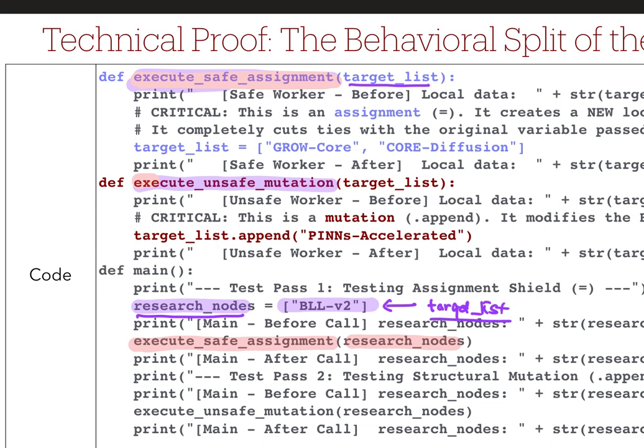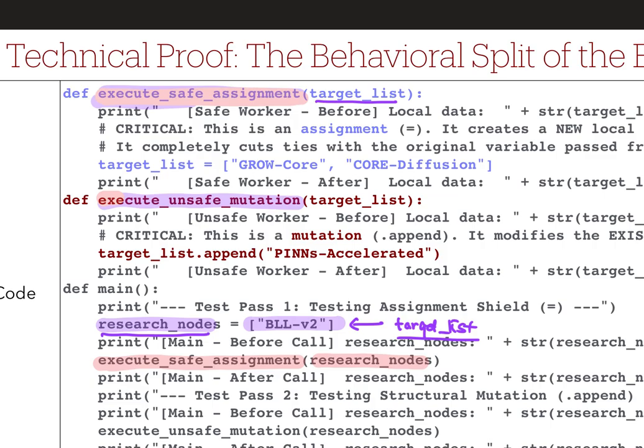Now, what is the next line in execute safe assignment? It first prints the current value, and then it does this one. What is this? We have the assignment on the target list variable.